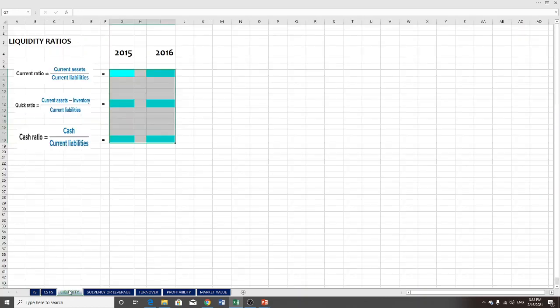So we have our financial statement. If you look at the liquidity ratios, we have three ratios there: the current ratio, the quick ratio, and the cash ratio. So let's go back to our financial statement.